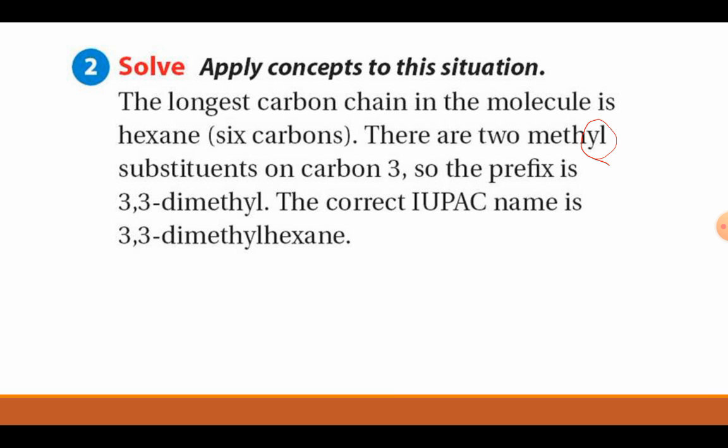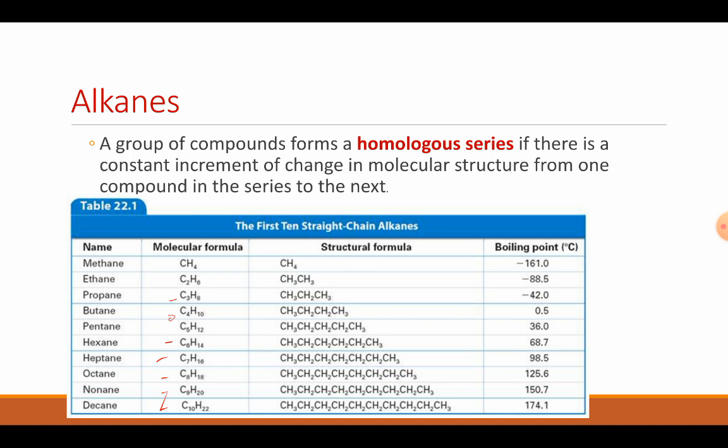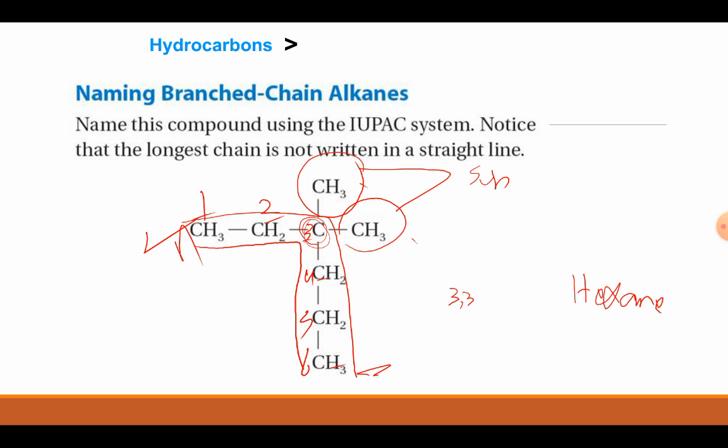Okay? So the longest carbon chain in the molecule is hexane, 6 carbons. There are 2 methyl substituents on carbon 3. So the prefix is 3,3-di. Methyl. Why is it di? Because di means 2.